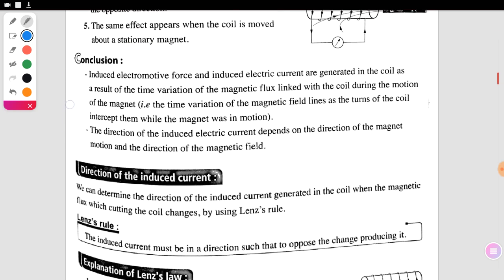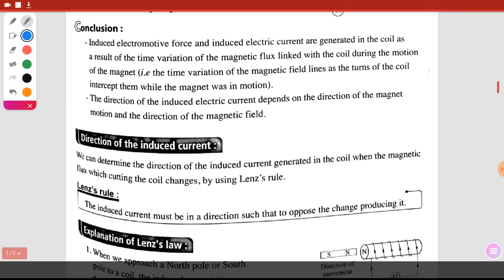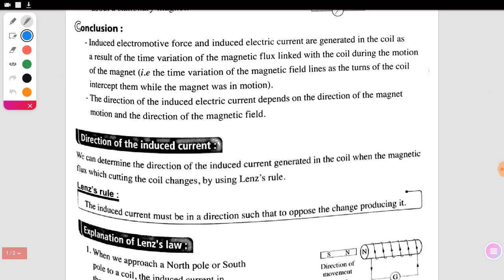The conclusion of this experiment: we observe that induced electromotive force and induced current are generated in the coil as a result of time variation of magnetic flux linked with the coil.